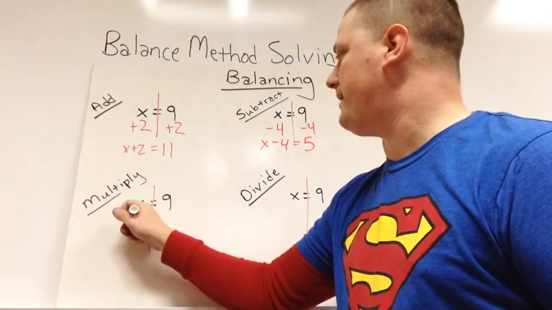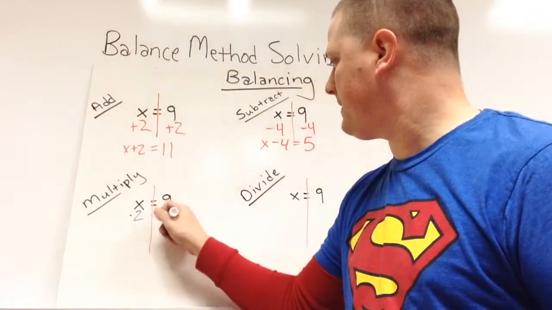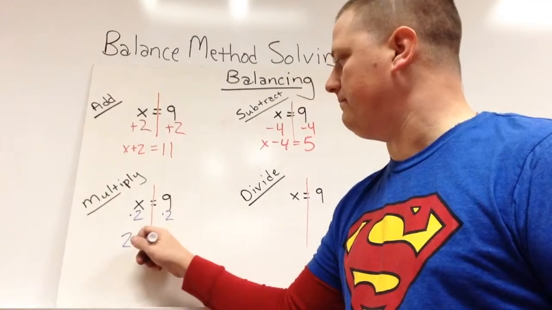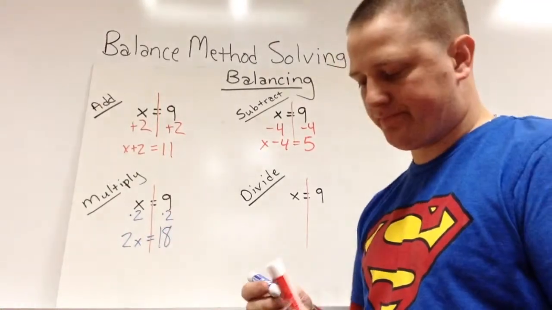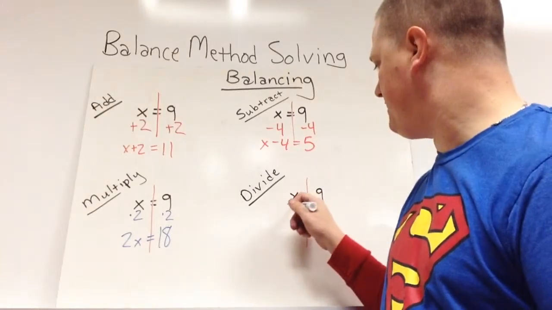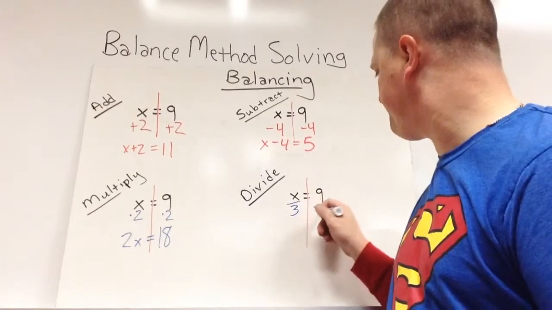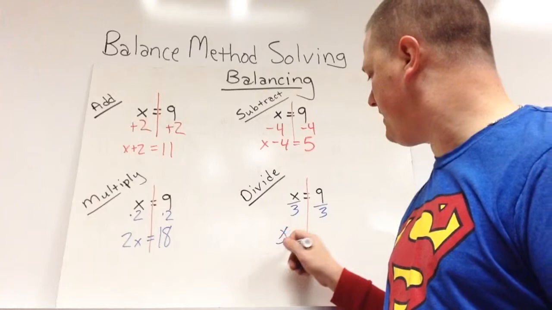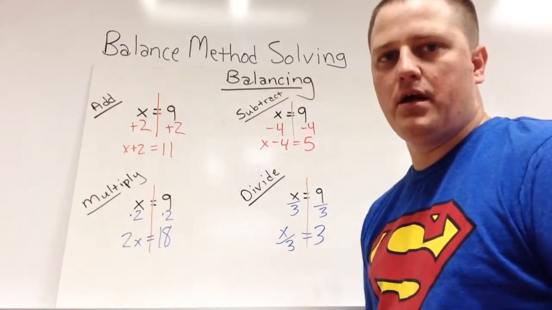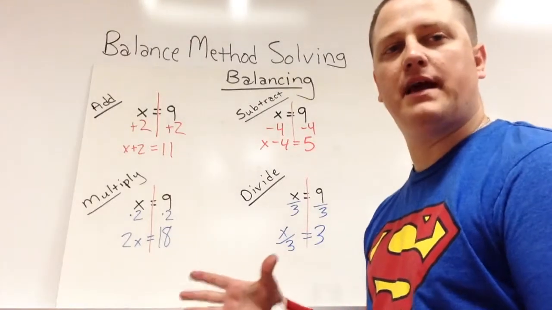If I times by 2, well, x times 2 is the same as 2x equals 18. And division, divide by 3. X divided by 3 equals 3.